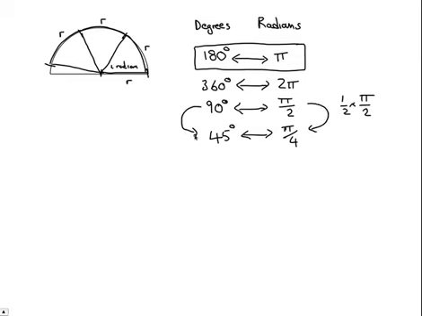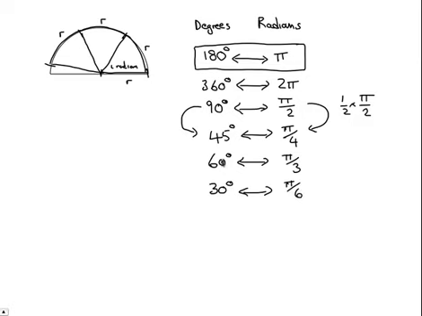So half of 90 gives you 45. So 45 degrees, pi upon 4 radians. We could divide this by 3 to get 60 degrees, which would be equivalent to pi upon 3 radians. We could divide this by 6 to get 30, which would be equivalent to pi upon 6 radians.